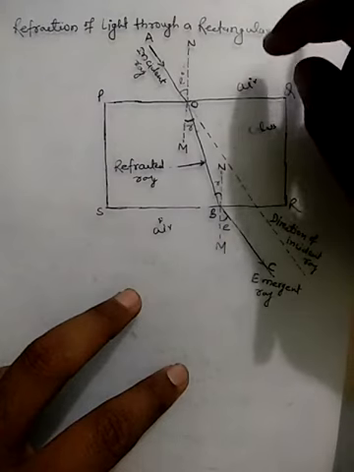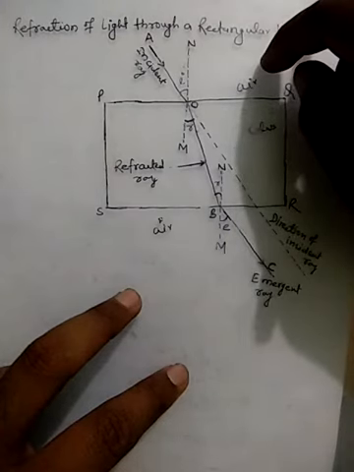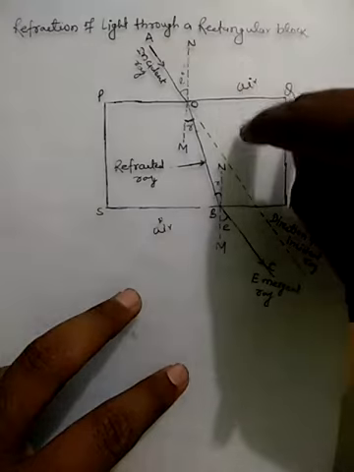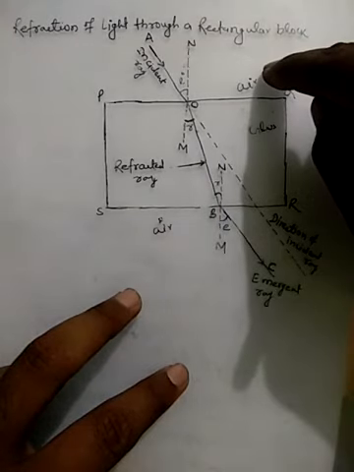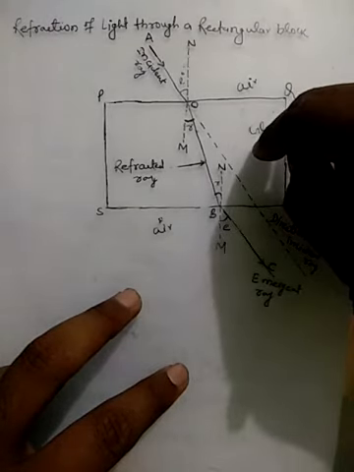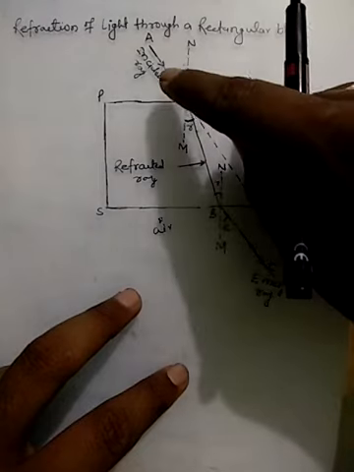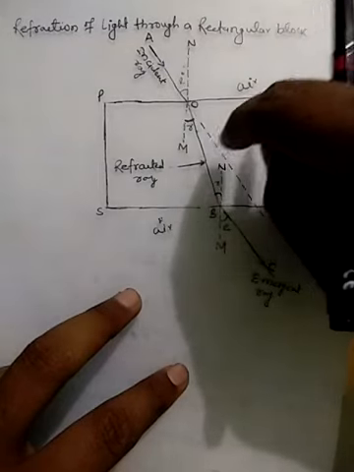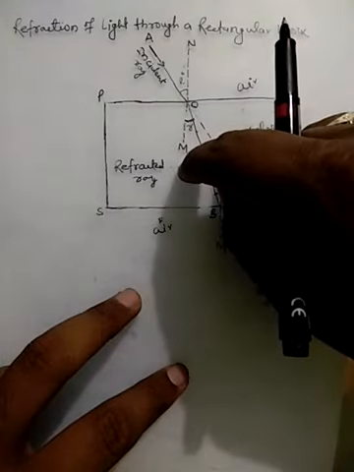We know that if a light ray travels from a rarer to a denser medium, here air is the rarer medium and glass is the denser medium, it bends towards the normal.